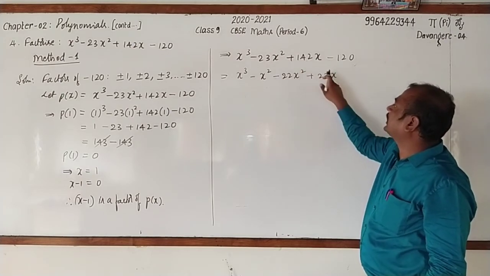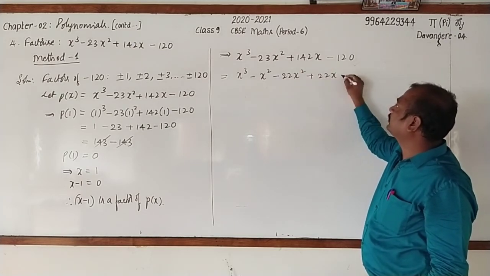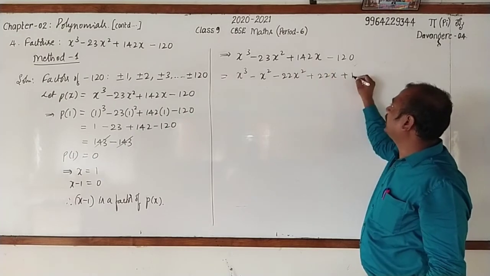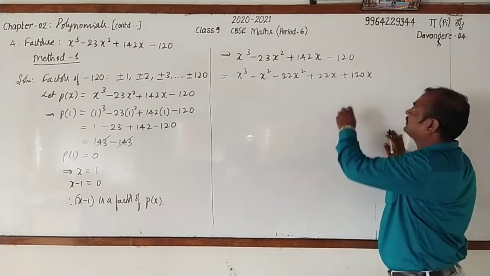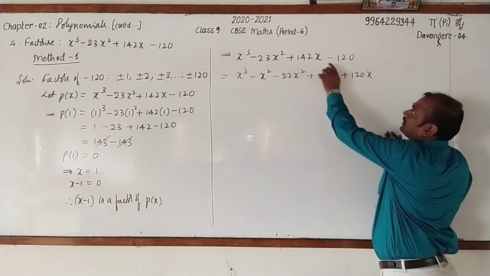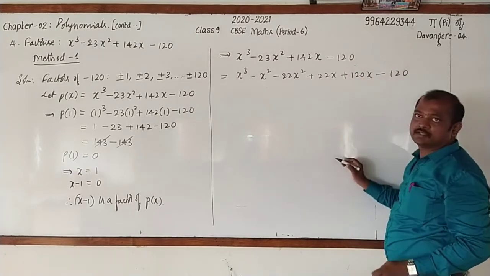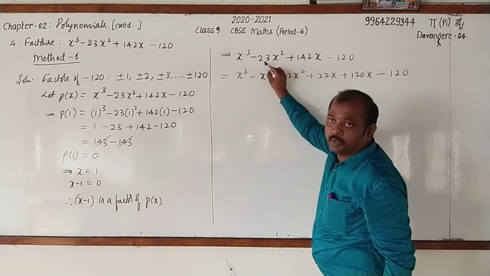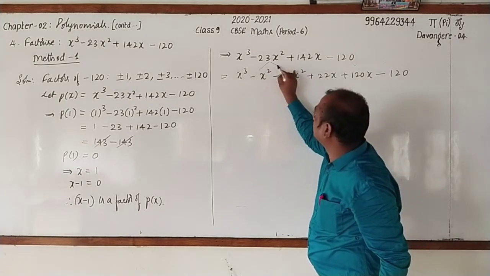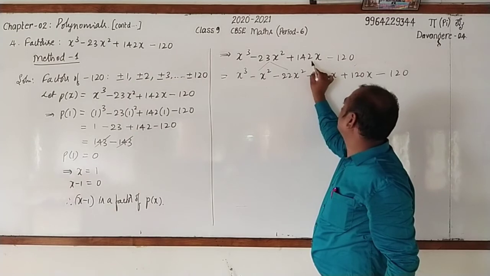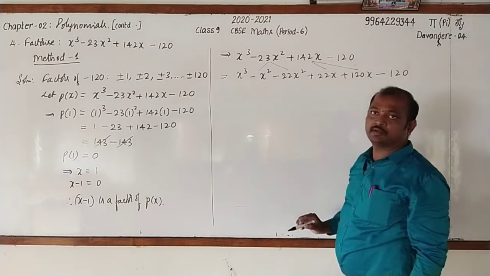Here 142 can be split up as 22 plus 120x. See that? 120 plus 22, 142. Here 120 is there. I'll write minus 120 as it is. See, minus 23x square is split up like this. 142 has been split up in this way.